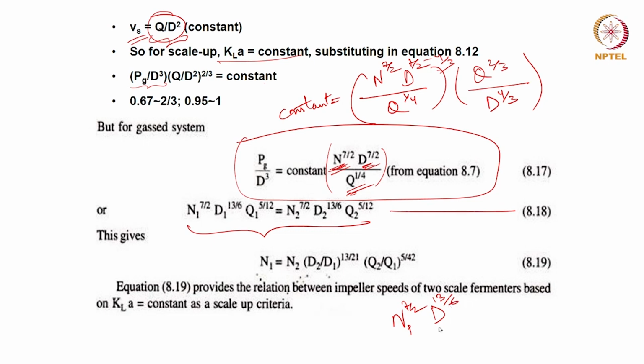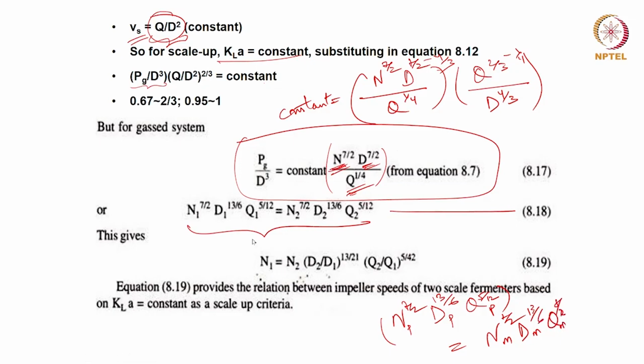And your Q becomes 2 by 3 minus 1 by 4, so again it will become 5 by 12. This at the prototype is equal to Nm 7 by 2, Dm 13 by 6 and Qm 5 by 12.